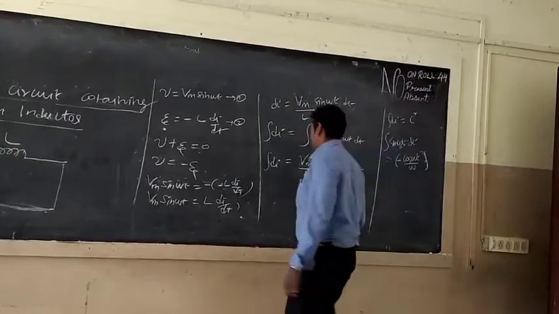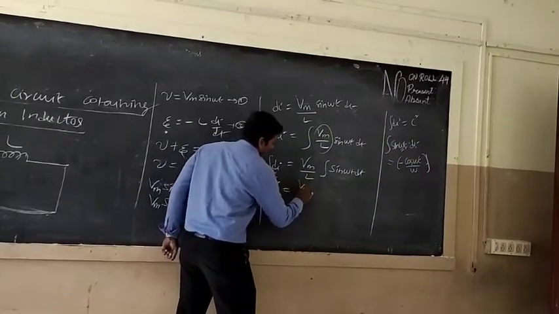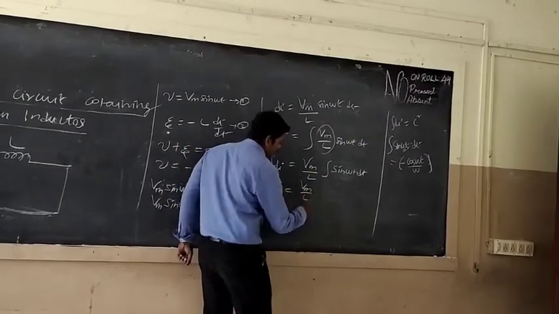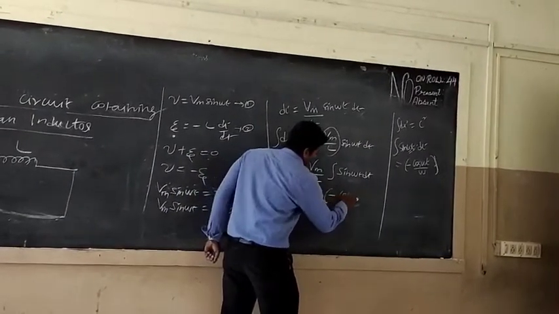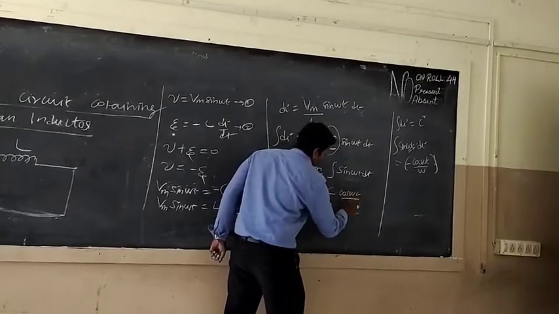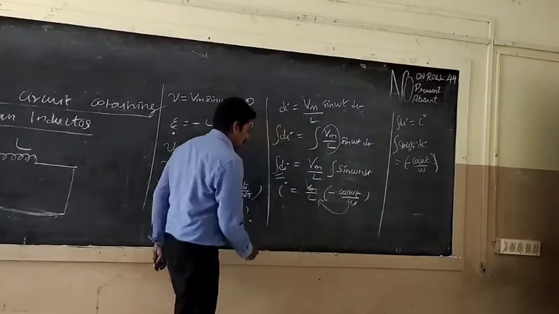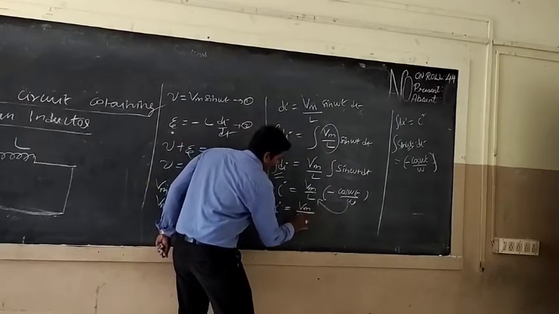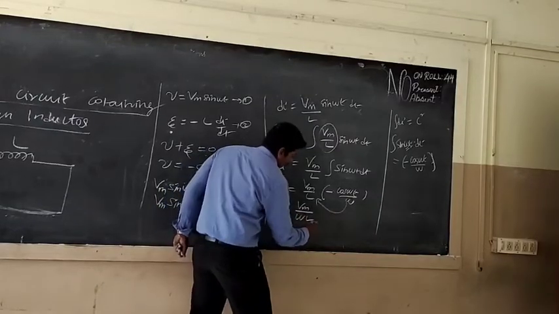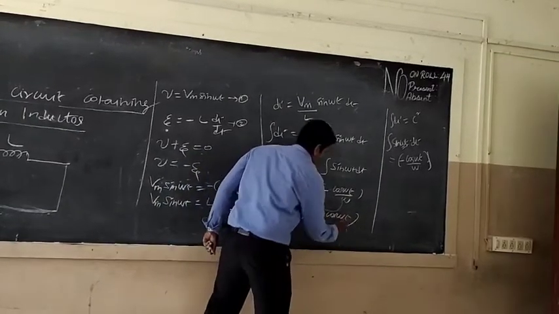Substitute this here. So I is equal to Vm by L into minus cos omega t by omega. Taking omega to the other side, I is equal to Vm by omega L into minus cos omega t.